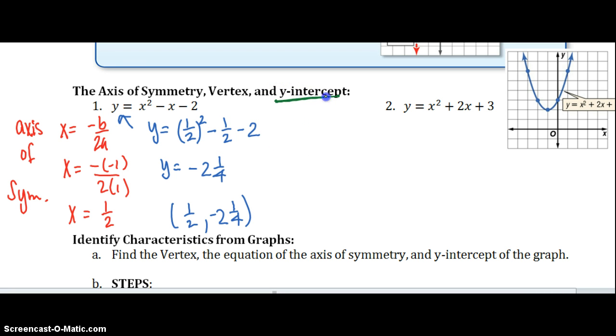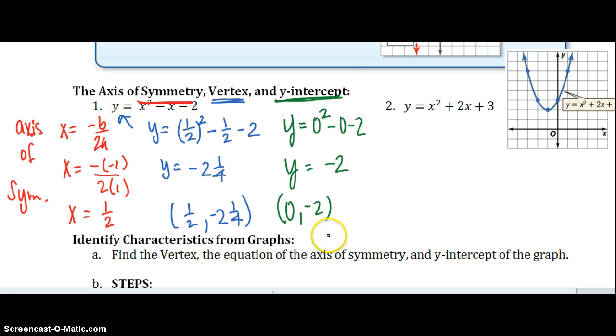So guess what? The y-intercept is where x is 0. So y equals, if we make x 0, that's going to be 0 squared minus 0 minus 2. Guess what y equals? A negative 2. So our y-intercept is 0, negative 2. So I've color-coded here. The vertex is in blue, axis of symmetry is in red. And that's how you would find each of those 3 items.